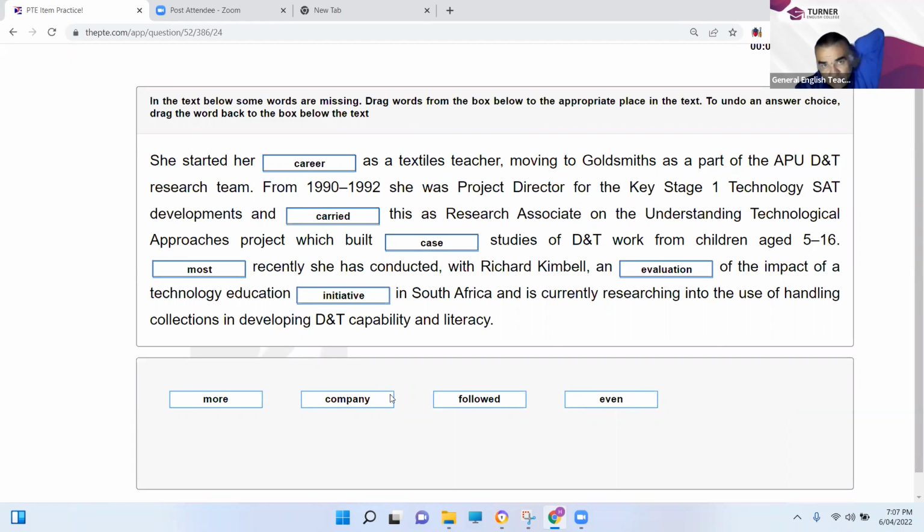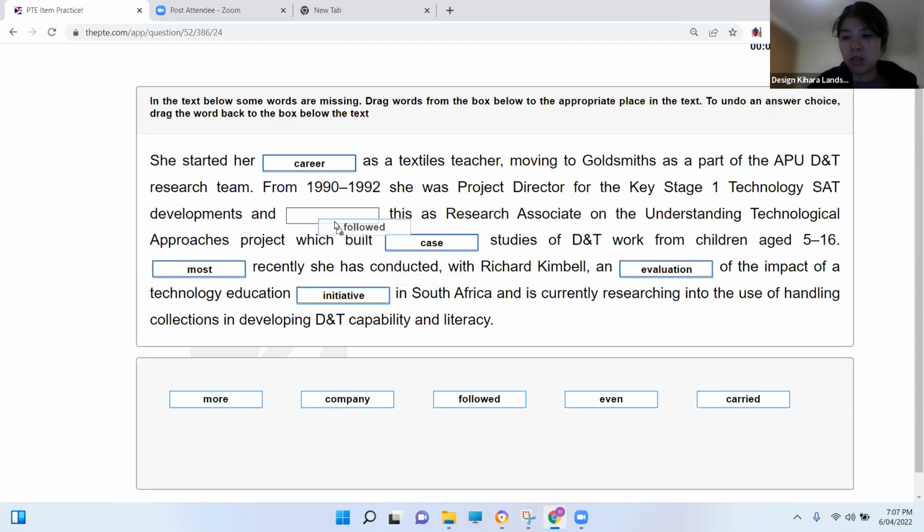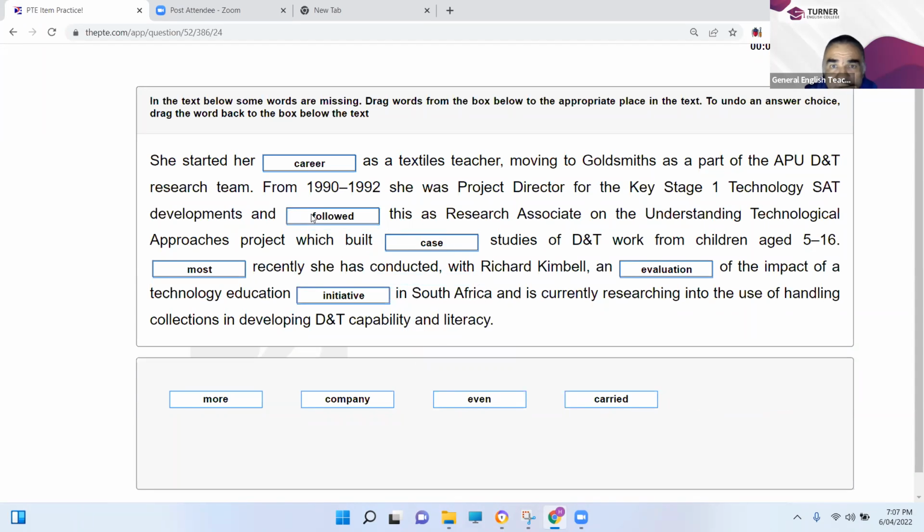Okay, so here from she was project director. Are you sure about this? Anyone else has a different answer? I think followed is the one. Yeah, followed this. So followed this research associate.